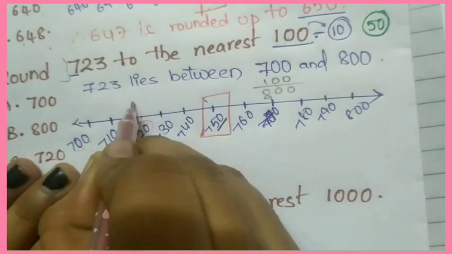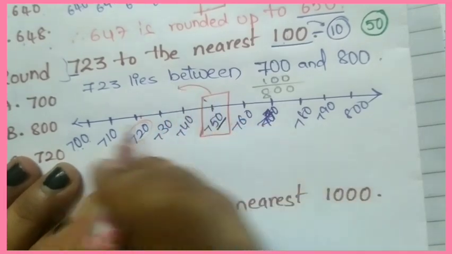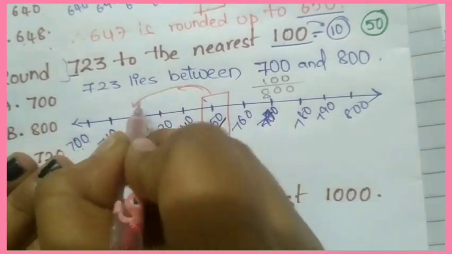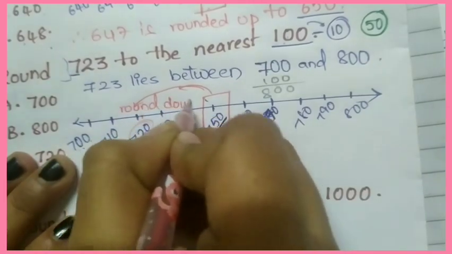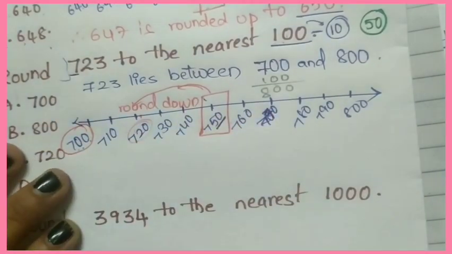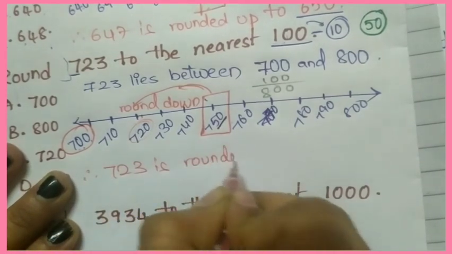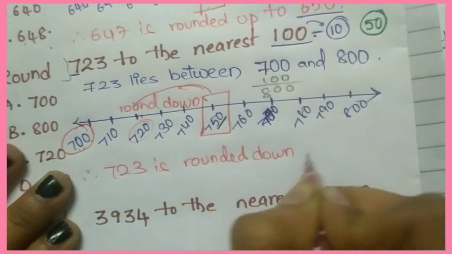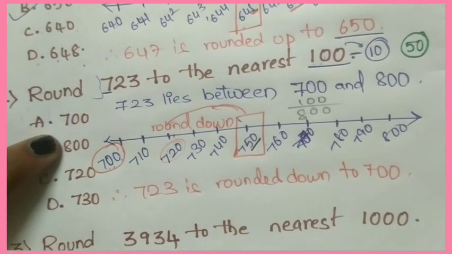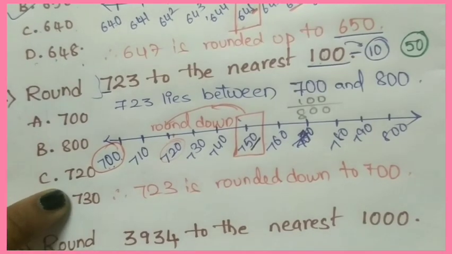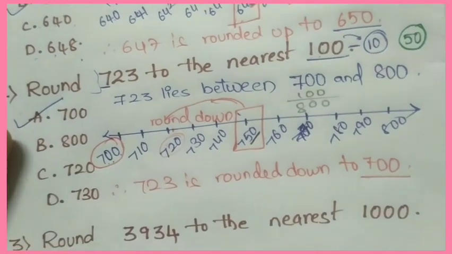Is it before the midpoint or after the midpoint? Before the midpoint. So 723 is rounded down to 700. Look here, options 700, 800, 720, 730. Where is 700? Yes, option A. So we get the answer as A.